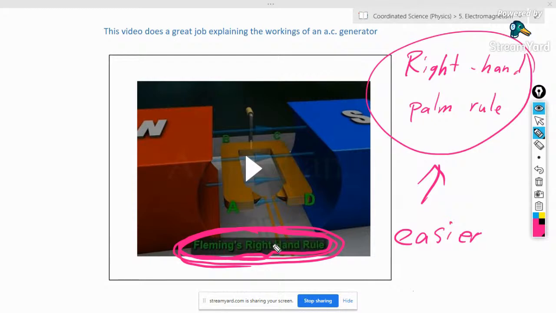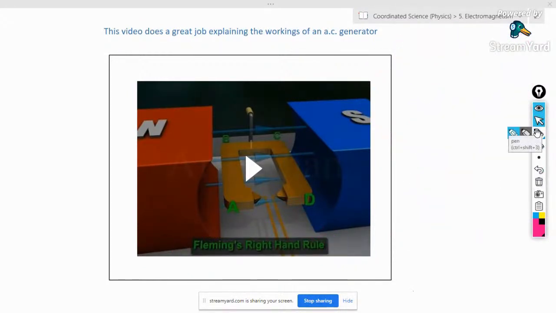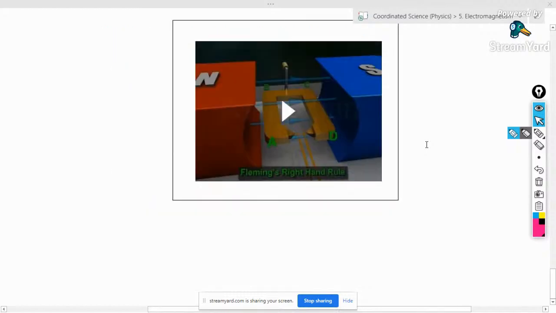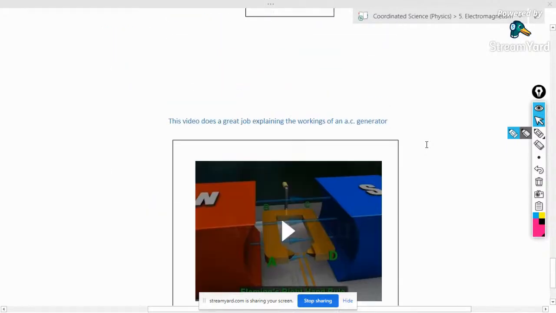Trust me, you'll see the difference. So in this video, if they explain it using Fleming's right hand rule, just pause the video and try our right hand palm rule and see if that gives you the same answer, because it should, and you'll see that it's a lot easier. Okay, so I believe that is the end of this presentation, and it is.